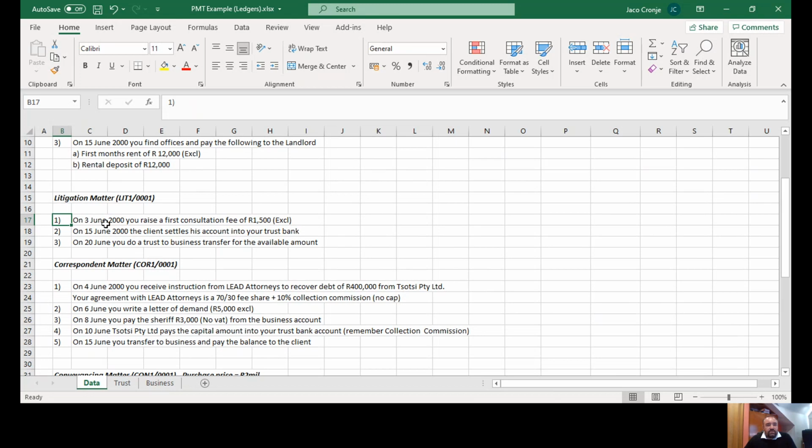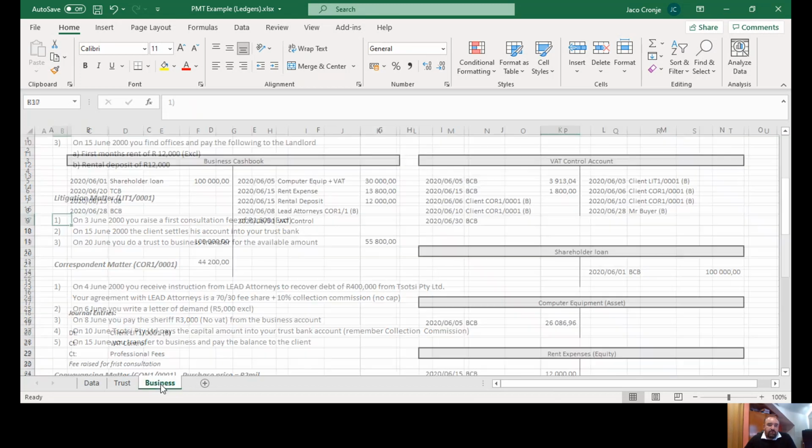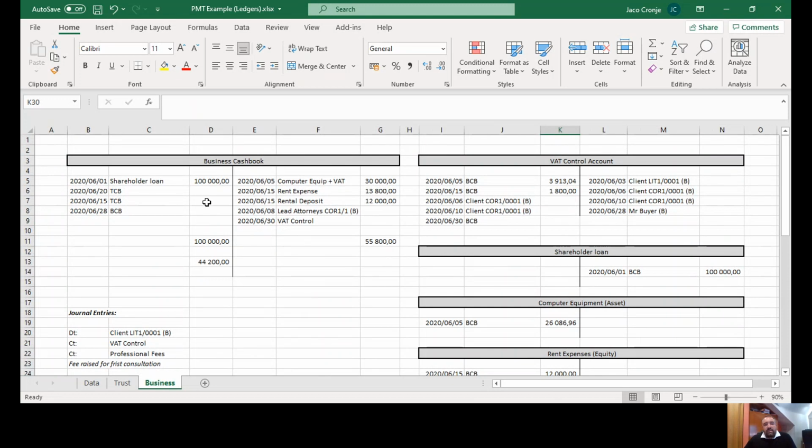Now in the business transaction, this says you raise a first consultation fee for 1,500 Rand. Does it say that your client has paid you for that? The answer is no. It would have been great in real life if the moment I raise a fee, the money magically appears in my business bank account.